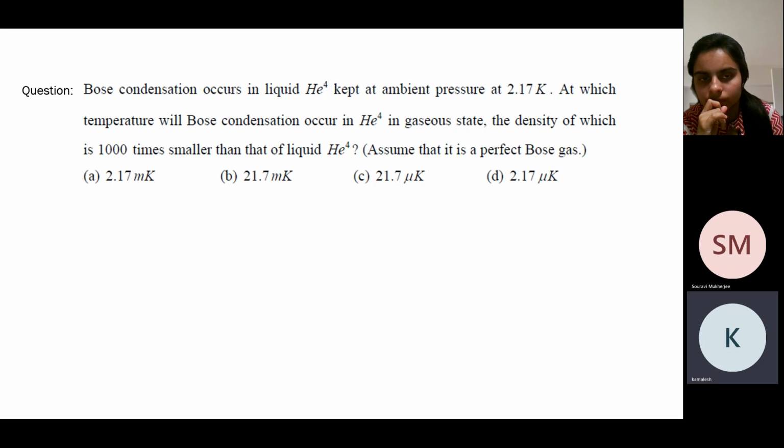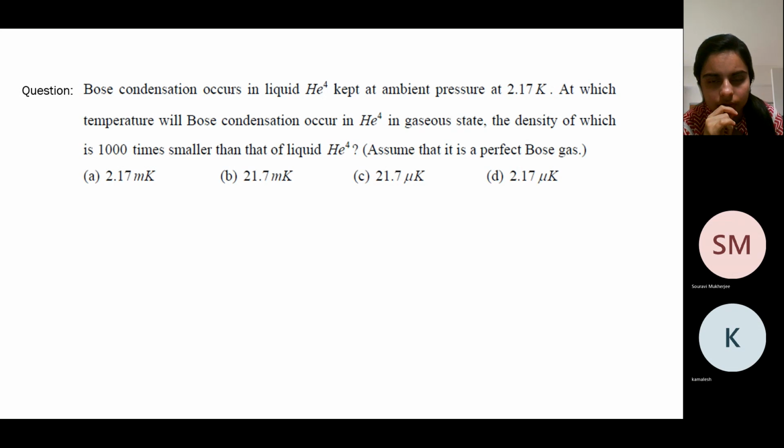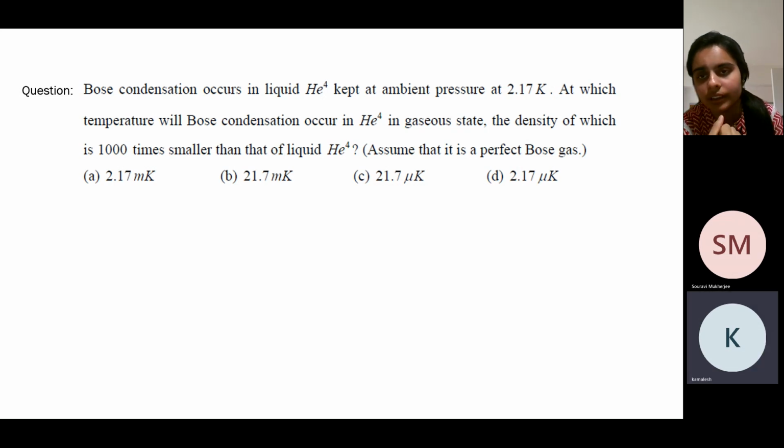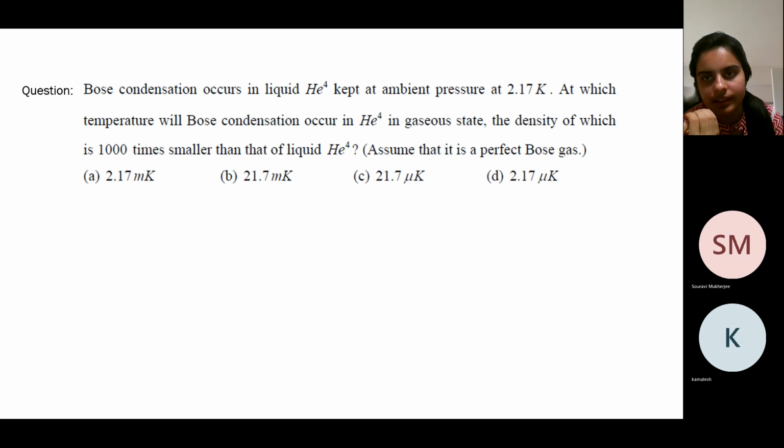Ma'am, is it 217 Kelvin? Huh? Which answer are you saying? 217 Kelvin? See, it's smaller, no, no. Yes, ma'am. So if the density is 1,000 times smaller, the critical temperature would be 100 times smaller, right? Yes, ma'am. 1,000 to the power 2/3.